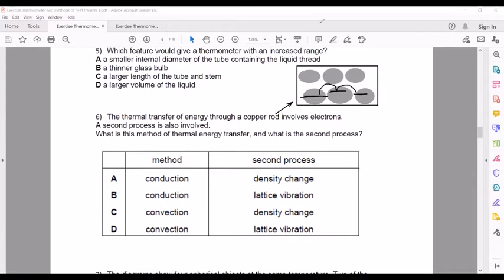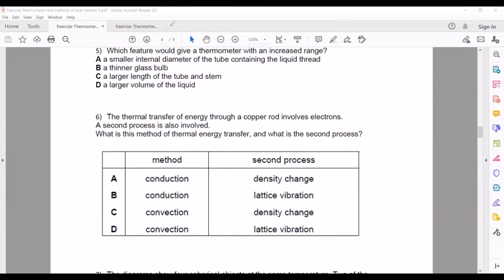So the energy transfer occurs by conduction, and conduction happens by lattice vibration. Convection happens by change in density, and it can occur in both liquids and gases. Because it is a solid, the method of heat transfer is conduction by lattice vibration.